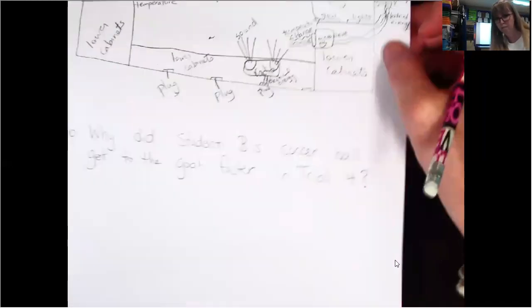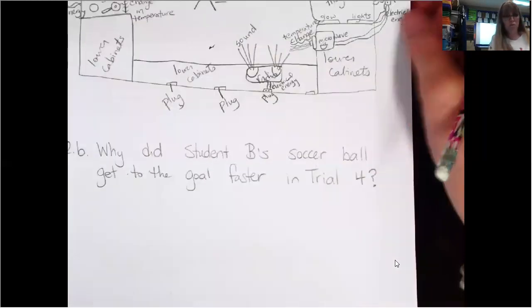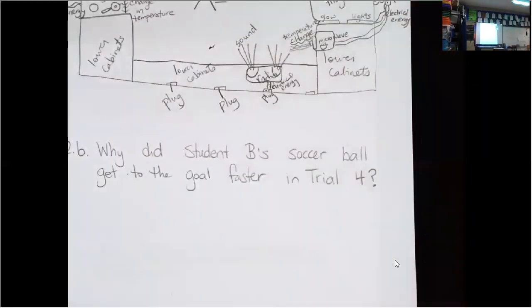Because that was an exception to that rule. In most of the trials, student A's ball got there faster. Well, in that one trial, that wasn't true. That's the one where student B's ball got there faster. Okay, so why'd that happen? That's one really good question. Why'd that happen that one time? Okay, that's one question.